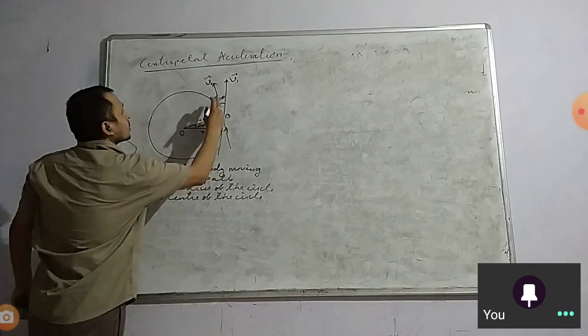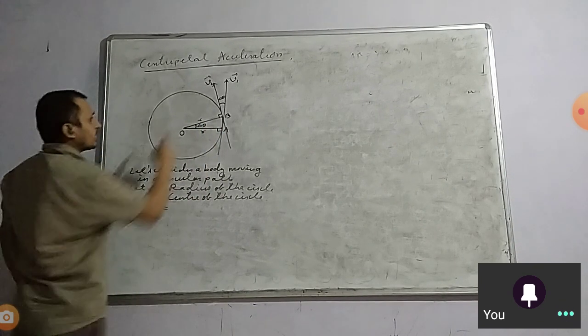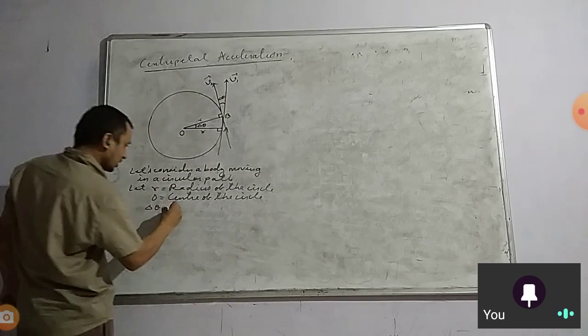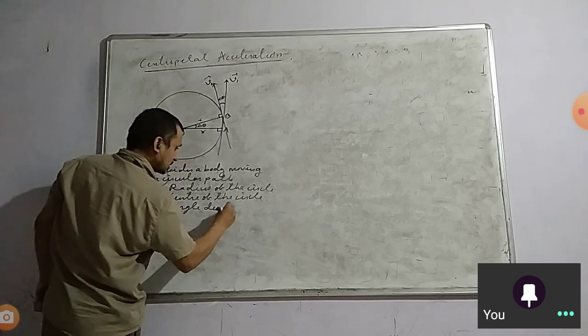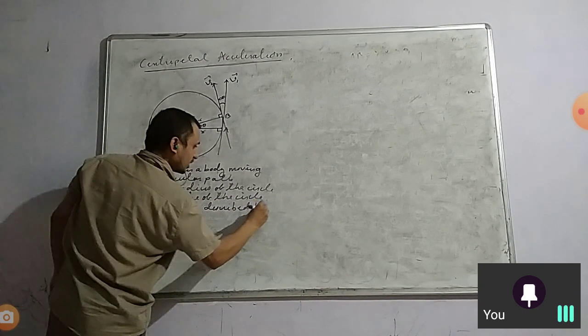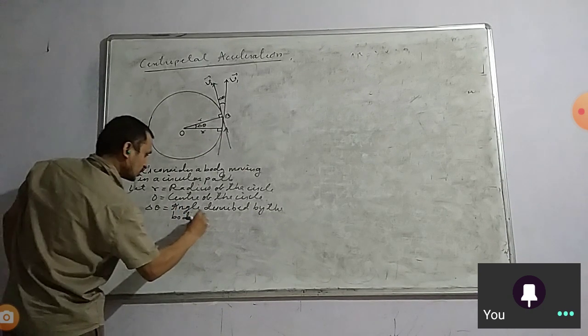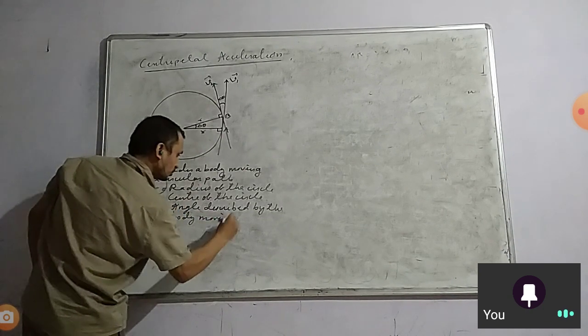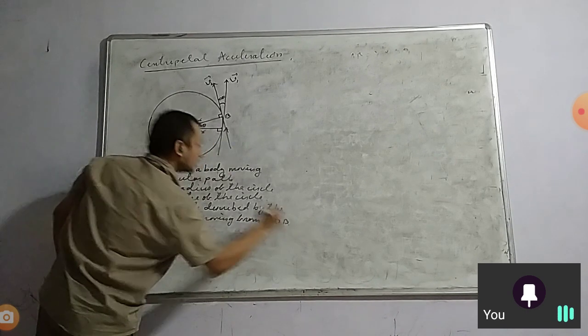Delta theta is the angle described by the body moving from A to B.